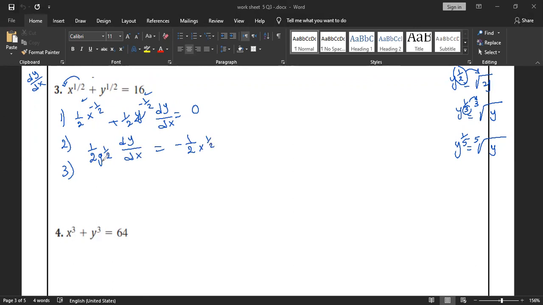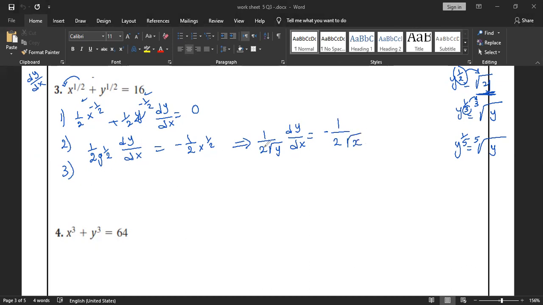But miss, I know any term or any variable raised to a rational exponent can be written in radical form. So it will be 1 over 2 square root y dy by dx equals negative 1 over 2. Instead of writing x to the power half, it will be root x.